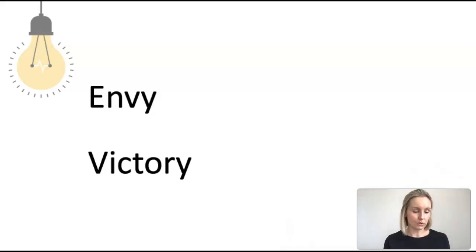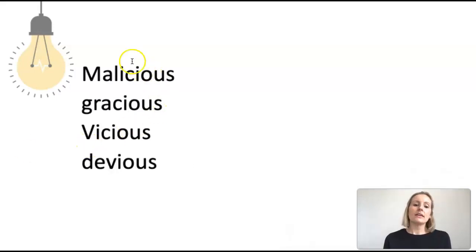Now it gets a little bit more complicated. These words have got a base word. When we're dealing with words like this, the easiest way to deal with it is to look at the word just like we did before, take off the OUS, and have a think about what we need to do. So malicious. We have to think about what malicious means.